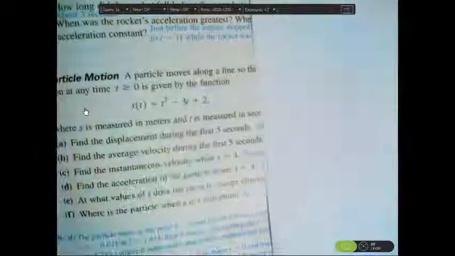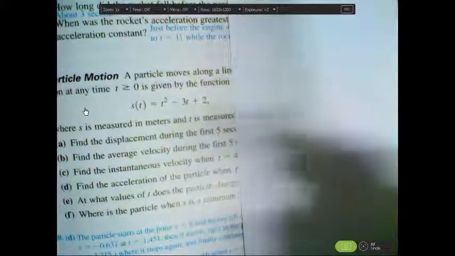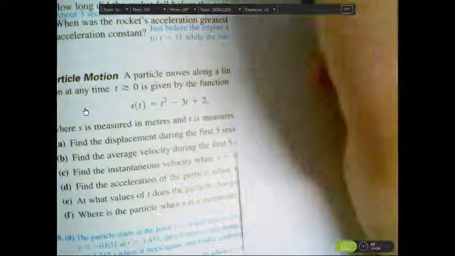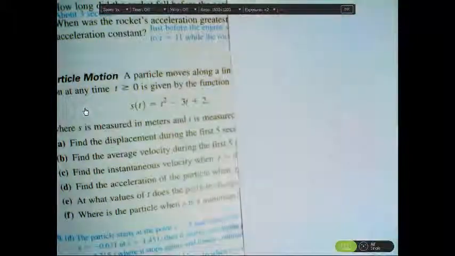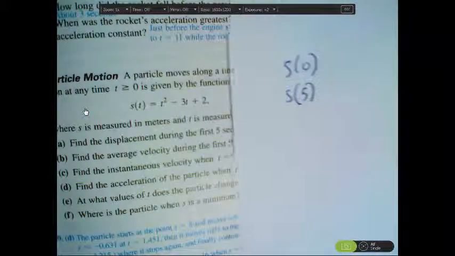So this question, find the displacement. Well, we're talking about the position function, meaning where did it start? What was S of 0? And where did it end up at 5 seconds? So we need to find these two values just by plugging in to the position function.